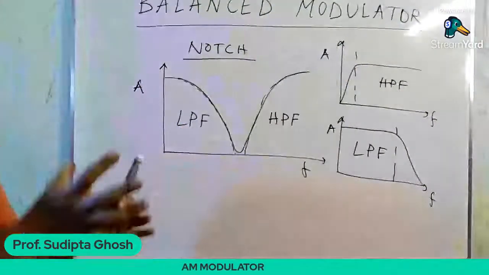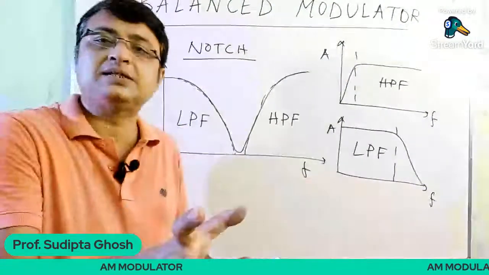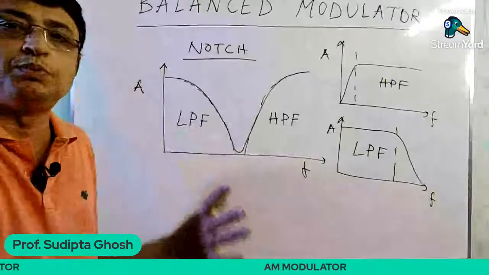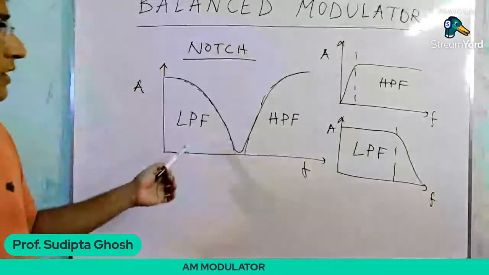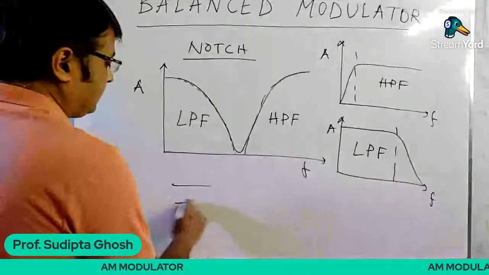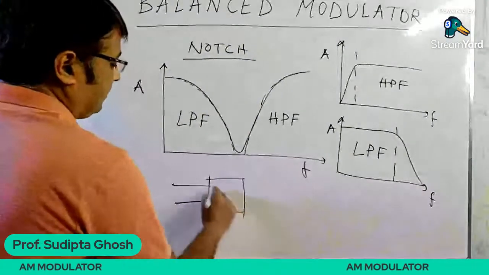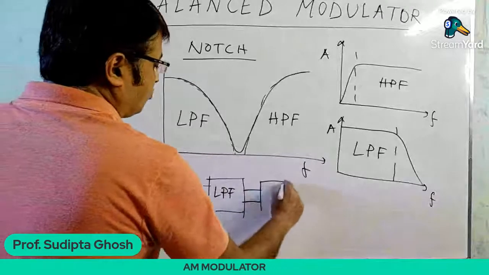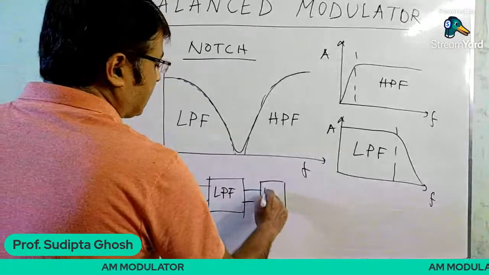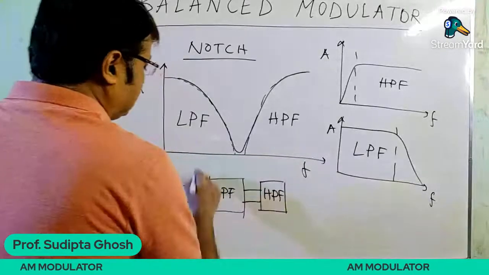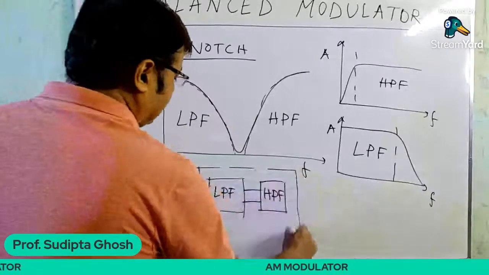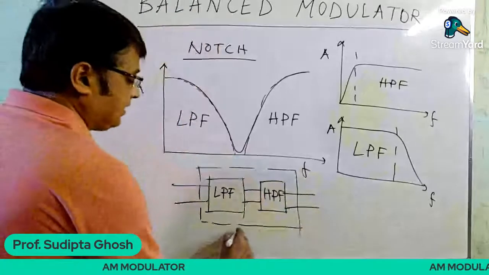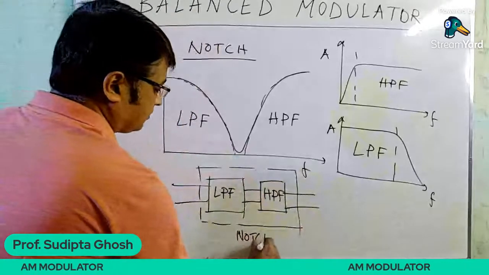If a low pass filter is connected, and at the output of the low pass filter I connect a high pass filter, then you can think that this can act as a notch filter. Is it not?